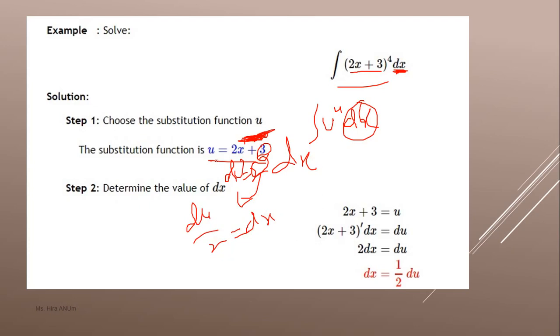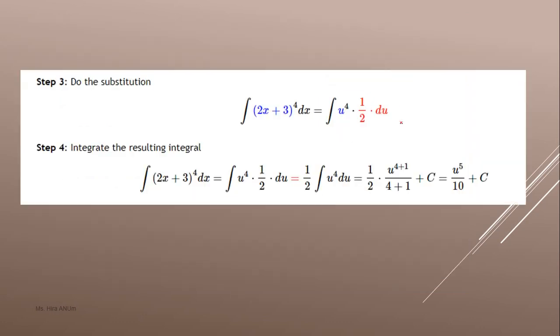We have to find the value of du and u. Firstly we find the value of u, then find the value of du over 2. You can see here u power 4 multiplied by 1 over 2 du, integral.